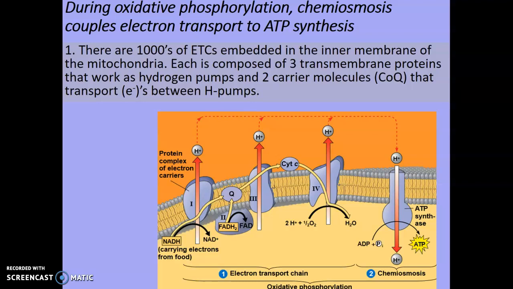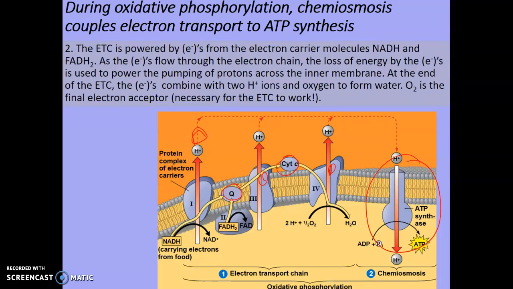You can see in the image, we've got our hydrogen pumps here, and our carrier molecules right here. Their job is to move the electrons through the electron transport chain to get to the ATP synthase, where we're going to convert ADP into ATP.